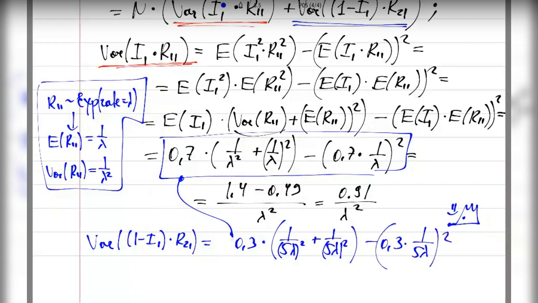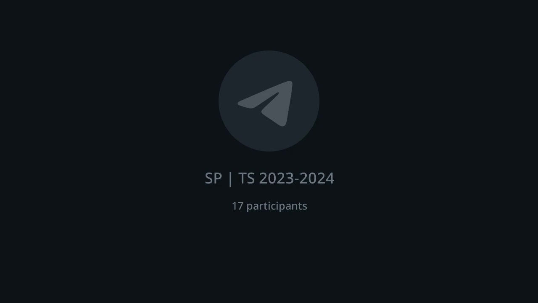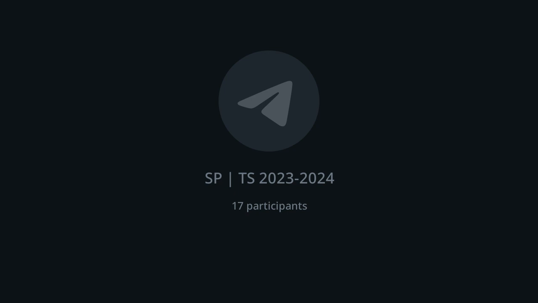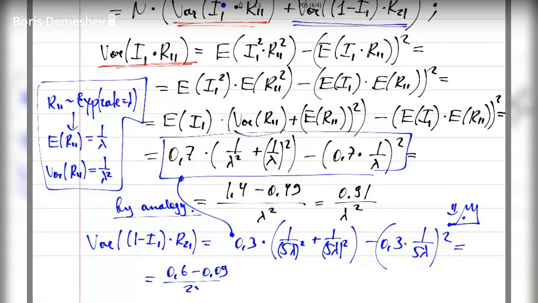So by analogy, everything is the same, all calculations are the same, so I will save a little bit of time and I will get 0.6 minus 0.09 over 25 lambda squared, and it will be 0.51 over 25 lambda squared.